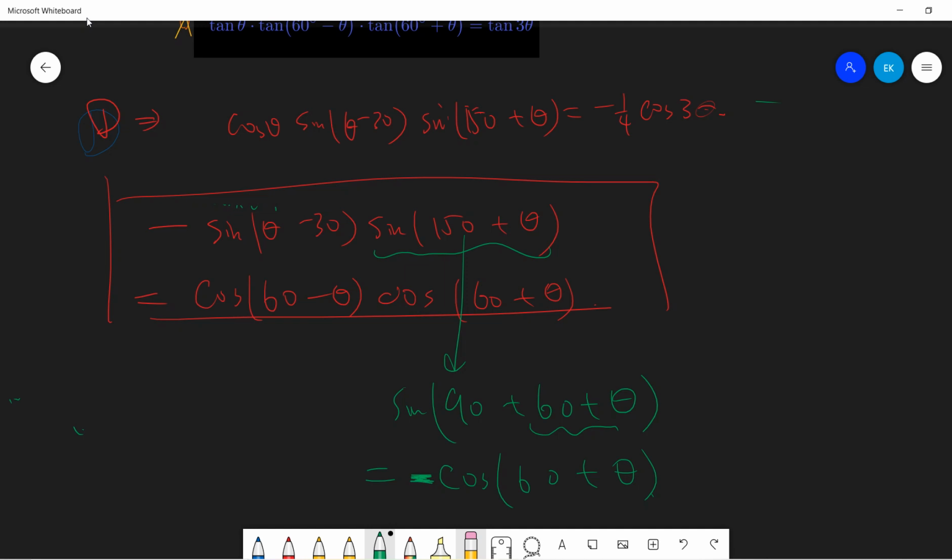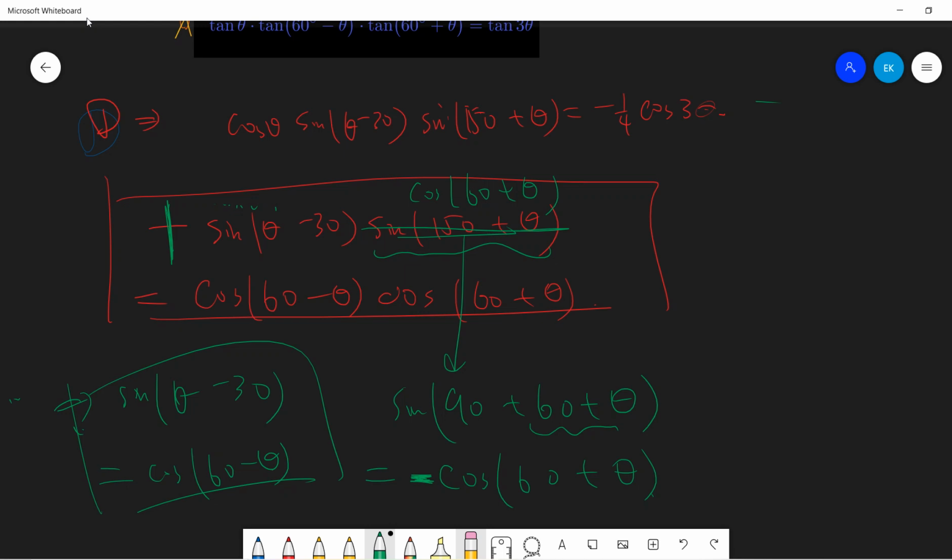So this term can actually be written as cosine 60 plus theta, with a minus term here. So finally, we all need to show that sine theta minus 30 equals cosine 60 minus 30.